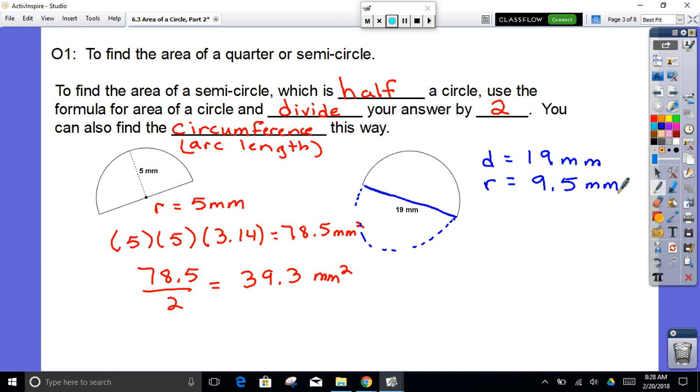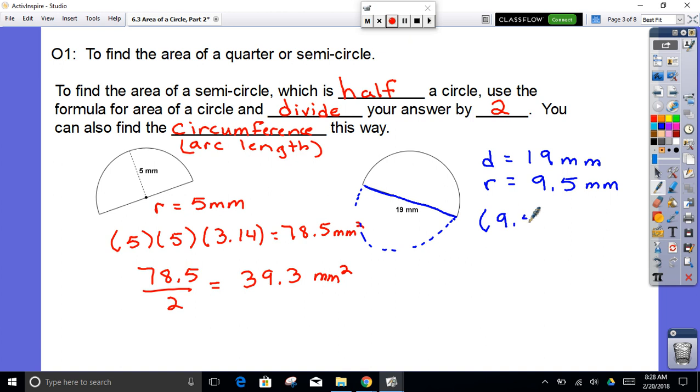Okay. Katie, how would we find the area of this circle? We got the radius. We need to find the area of the circle. How do we find the area? You would square the radius. Square the radius. Good.